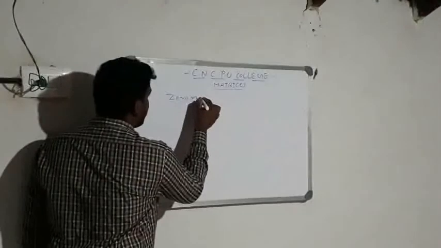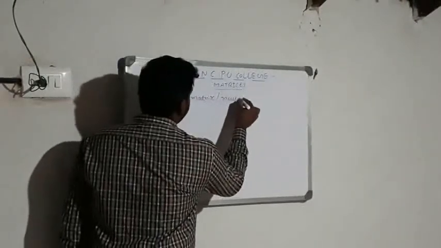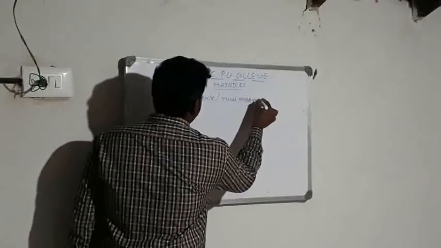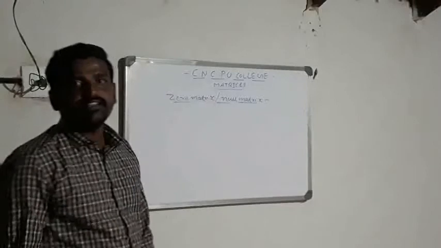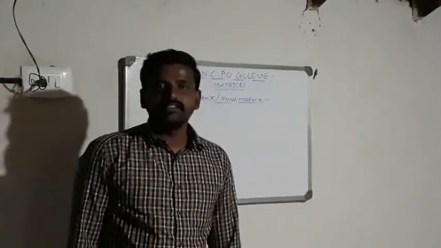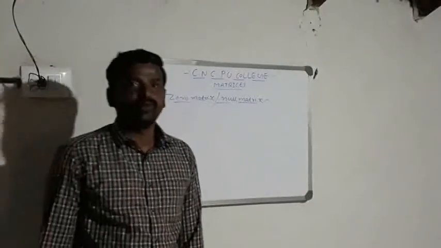Okay. Next, last one. Next type of matrix, zero matrix, or null matrix. The name also indicates it. A matrix is said to be a zero matrix if all elements of the matrix are equal to 0.